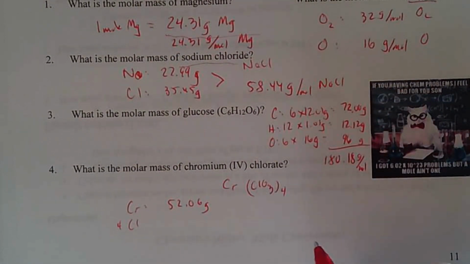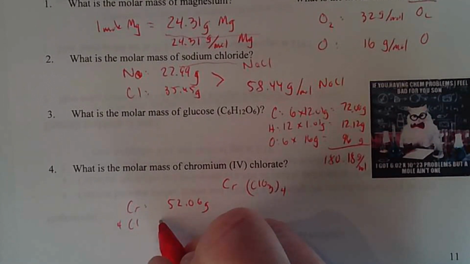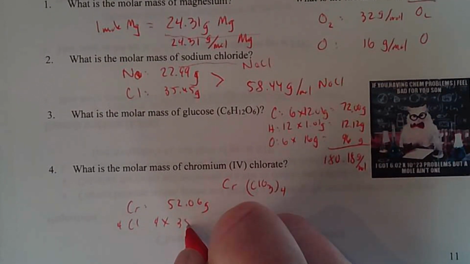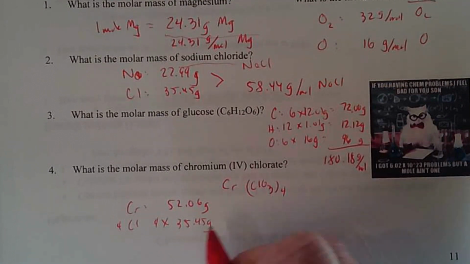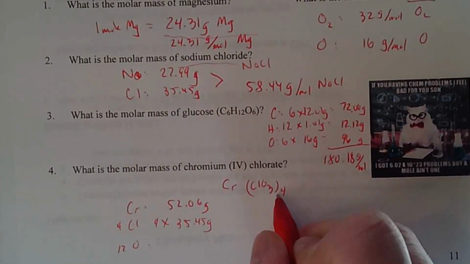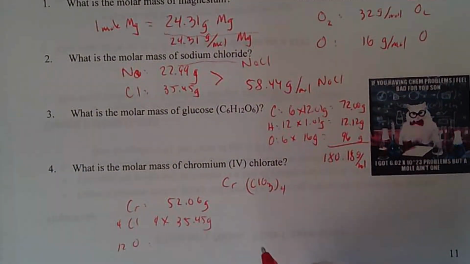You've got 4 chlorines, so that's 4 times 35.45. And then you've got 12 oxygens to take care of, because you have, remember, 4 chlorates.